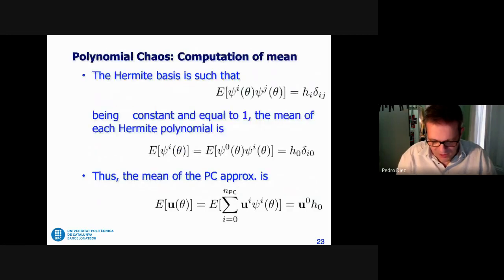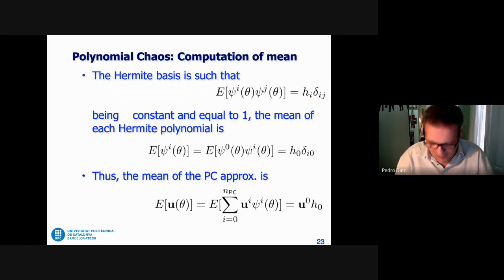For instance, the average, the expected value of the product of two of these Hermite polynomials is precisely some constant that accounts for the size or the norm of these polynomials times this Kronecker delta, meaning that if the i and the j are the same number, you get some positive number here, but if they are different, you get a 0. So that's the orthogonality.